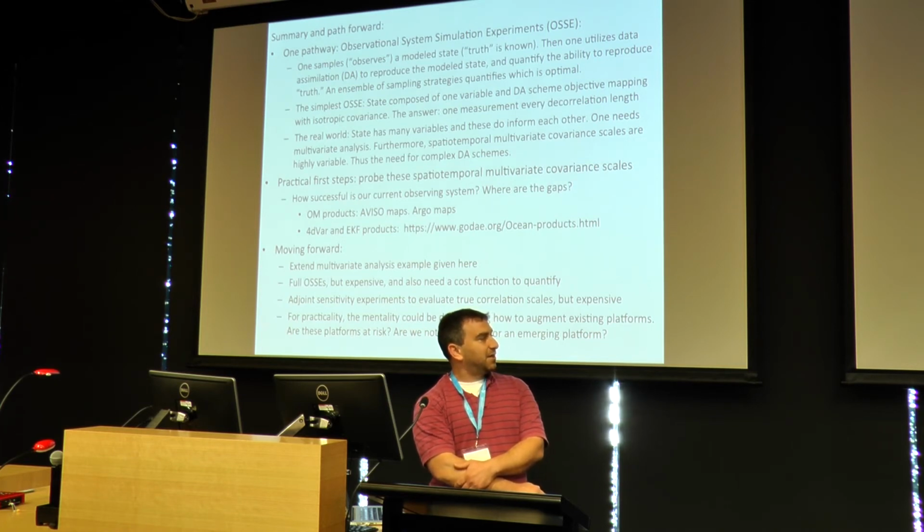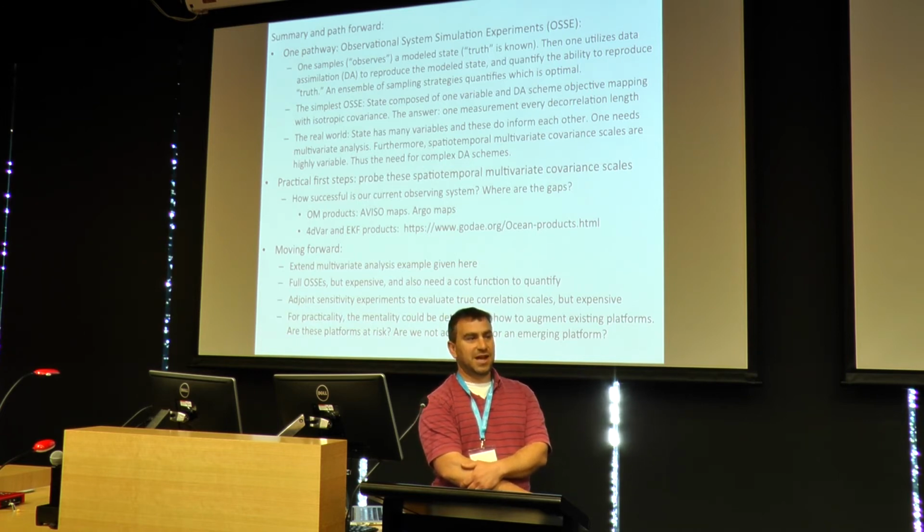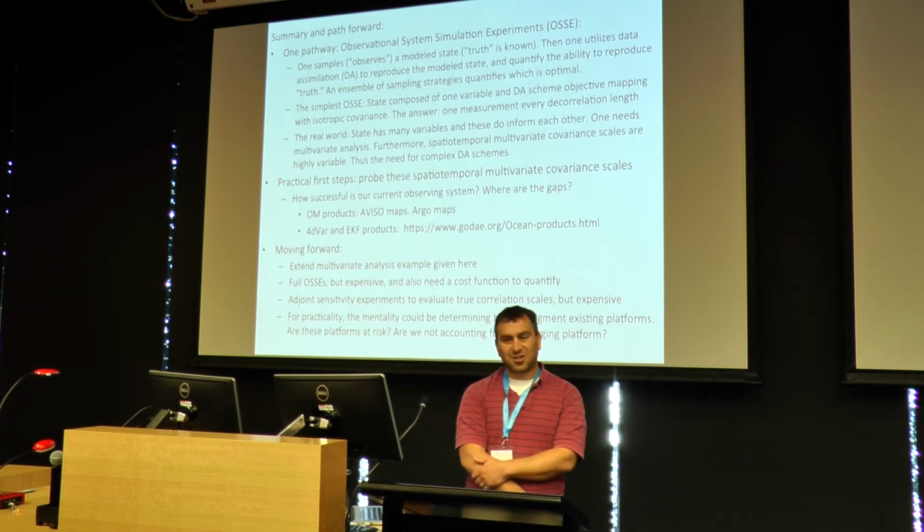For practicality, the mentality I've been working with is how to augment existing platforms. Given that we have altimetry and given that we have Argo, where should we really focus our effort? But are these platforms at risk, and are we not accounting for emerging platforms? So we need to keep in mind our changing landscape.